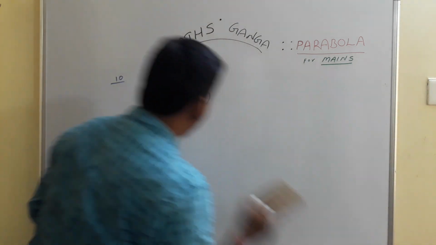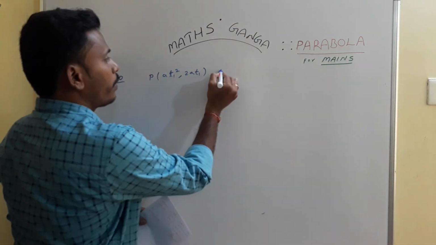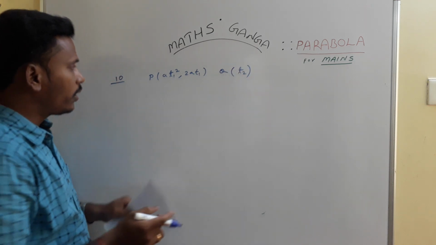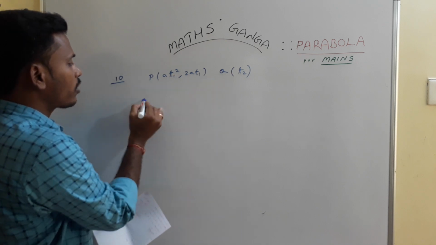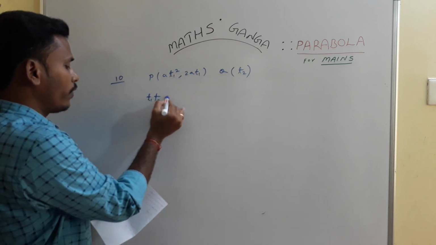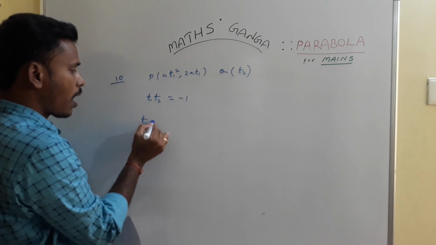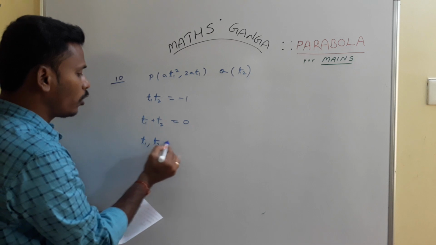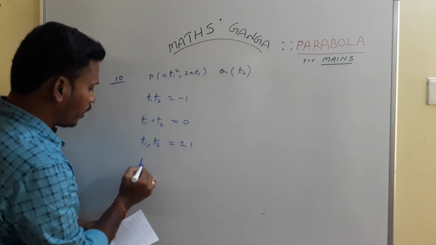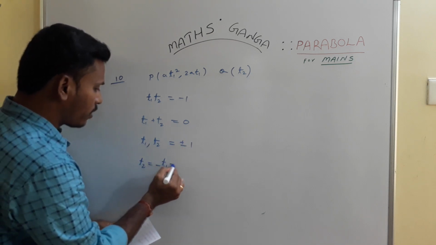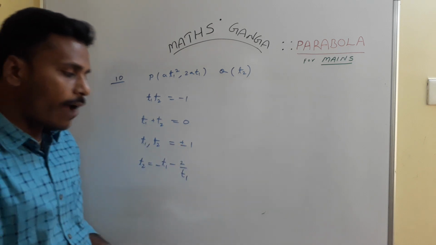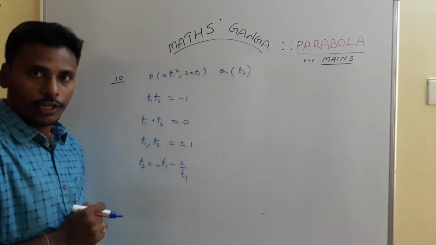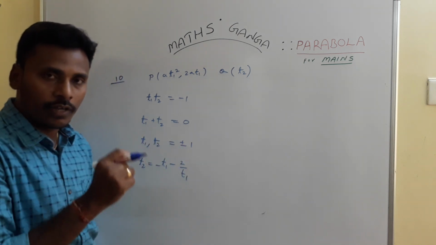Based on this, if you just observe the t1, t2 values: if t1 t2 is equal to −1, if t1 + t2 is equal to 0, if the values of t1, t2 are plus or minus 1, and t2 is equal to −t1 − 2/t1. I have 2 points on the parabola, and you just observe the values of t1 and t2.